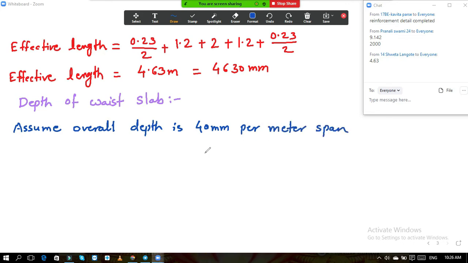So what we are assuming is that the depth of the slab is 40 mm for a 1 meter span. If the span is 1 meter, then depth is 40. Now our span is 4.63 meter, so we need to calculate the overall depth. Overall depth capital D is equal to 40 for 1 meter, for 4.63 meter how much? So we will calculate 40 into 4.63. So we will get the answer.